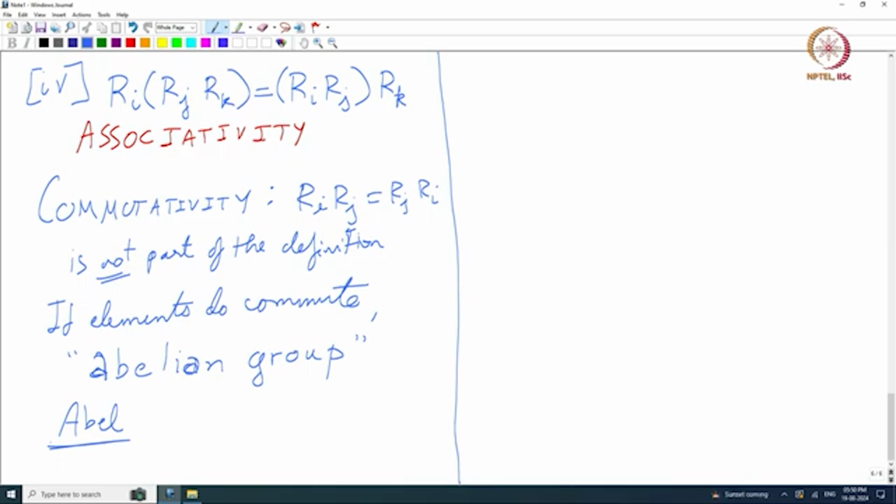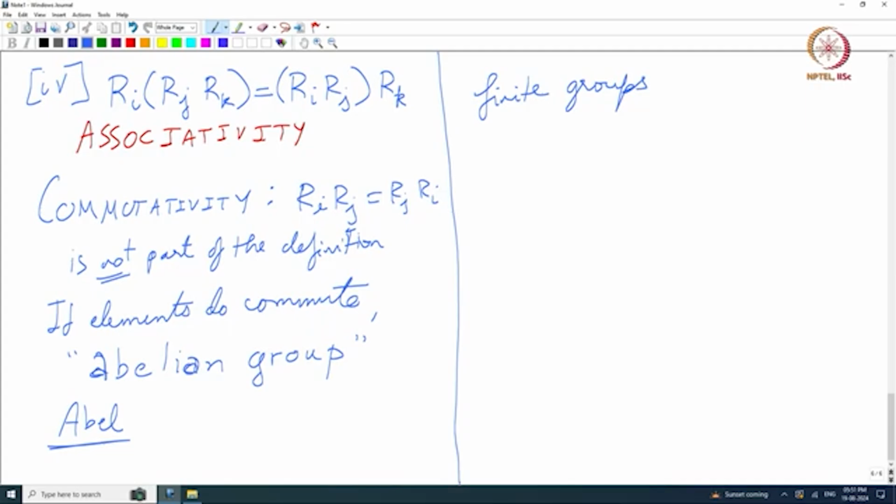So, we just mentioned that the number of elements in the group could be infinite or finite, right. That naturally lends itself to a certain classification of groups, and I can just call them finite groups and infinite groups, correct. Can you think of a finite group?